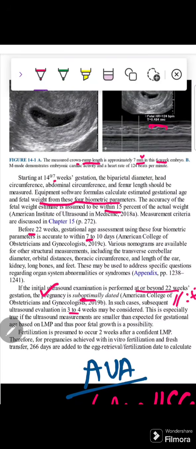Remember that from 14 weeks we are using the BPD, HC, AC, FL, and as I have already told, using these, an estimated gestational age and weight is calculated by the inbuilt equipment software. Before 22 weeks, using the 4 biometric parameters, you can accurately diagnose within a difference of 7 to 10 days, and this is given by the ACOG.